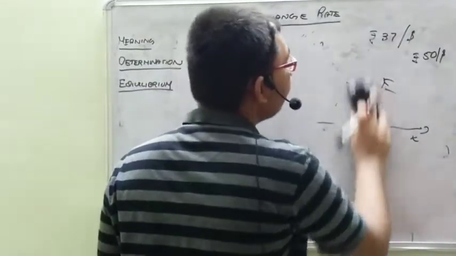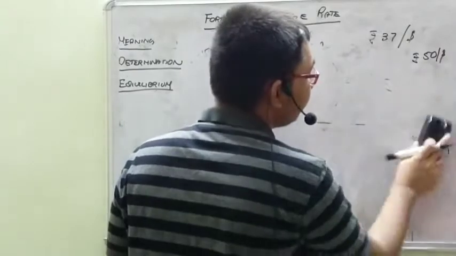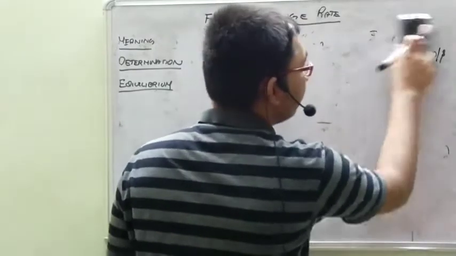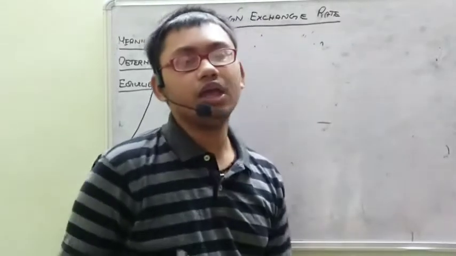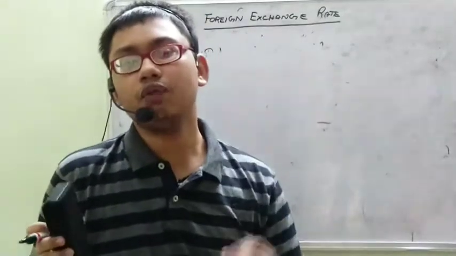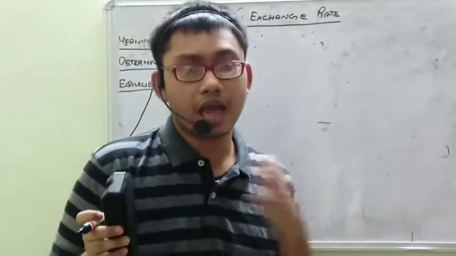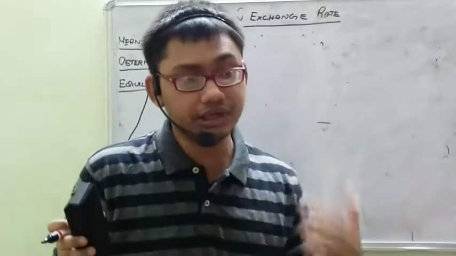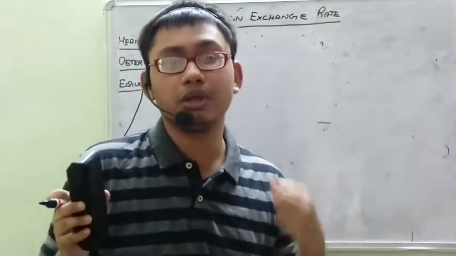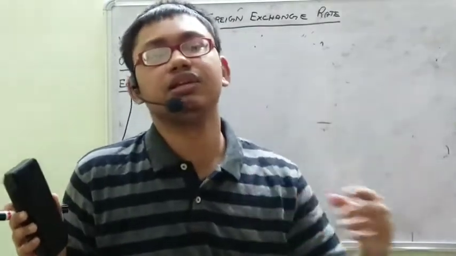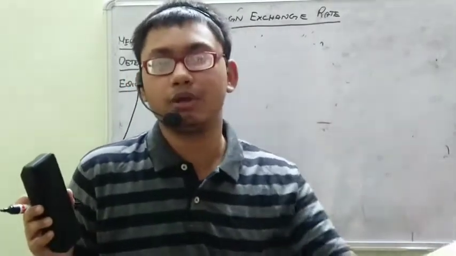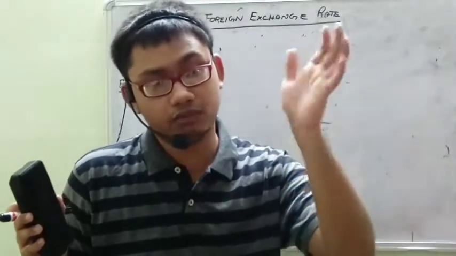And whenever our currency's value goes up, it will have a favorable effect on imports. If the price of $1 falls from 50 to 37, our people will be encouraged to buy more dollars because now they need to pay 13 rupees less. And it will discourage exports because US people will have to pay more to get one in Indian rupees.